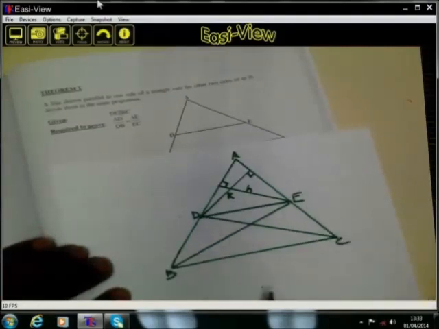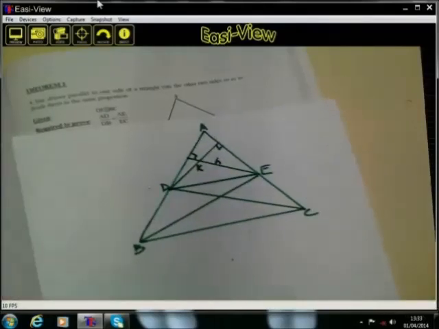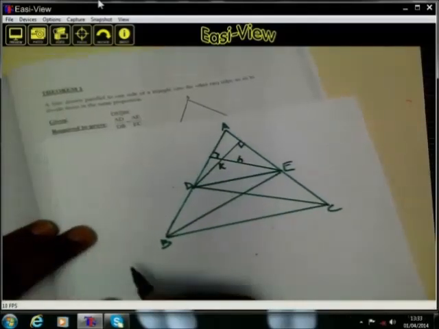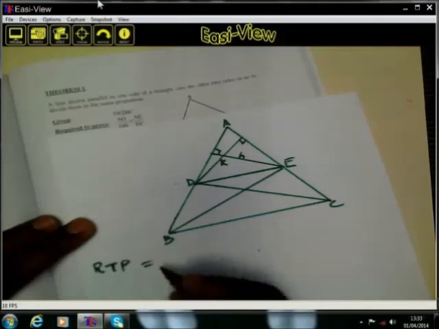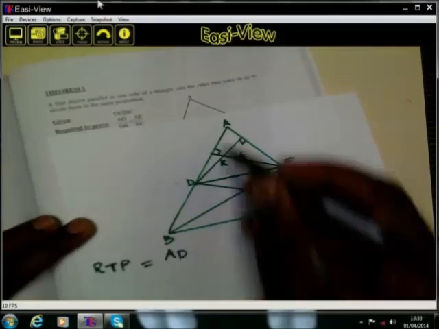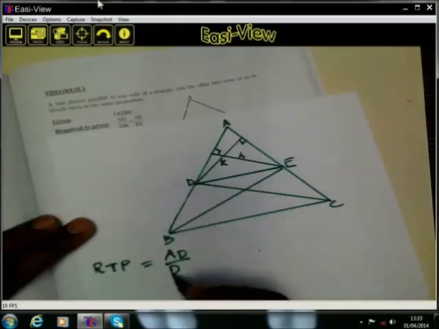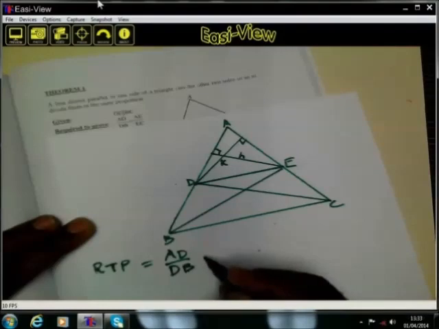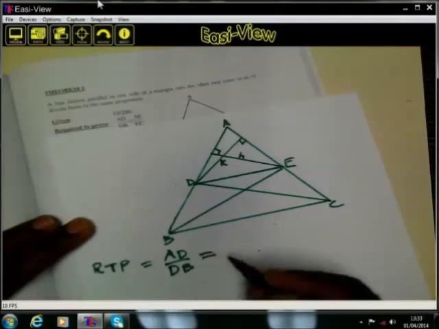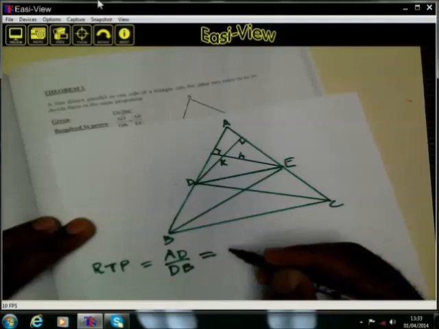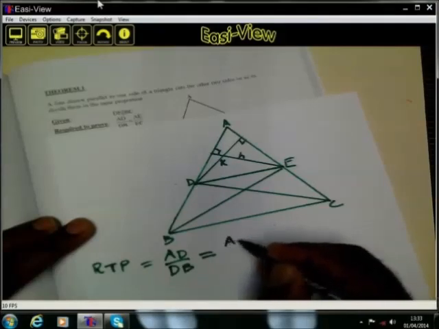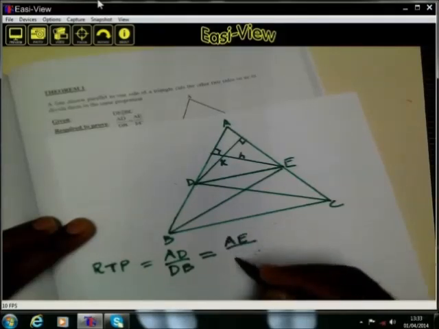Fine. Now, remember, the essence of this theorem, let me write it down, is that we are required to prove that side AD over side DB is equal and in proportion to side AE over side EC.